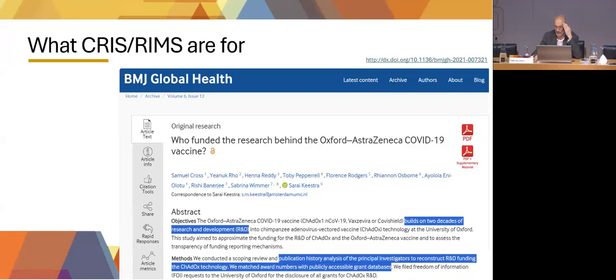And then the other very interesting outcome or conclusion of this paper is that they tried to collect the information on the project. So this is all about return of investment for the funding for research.